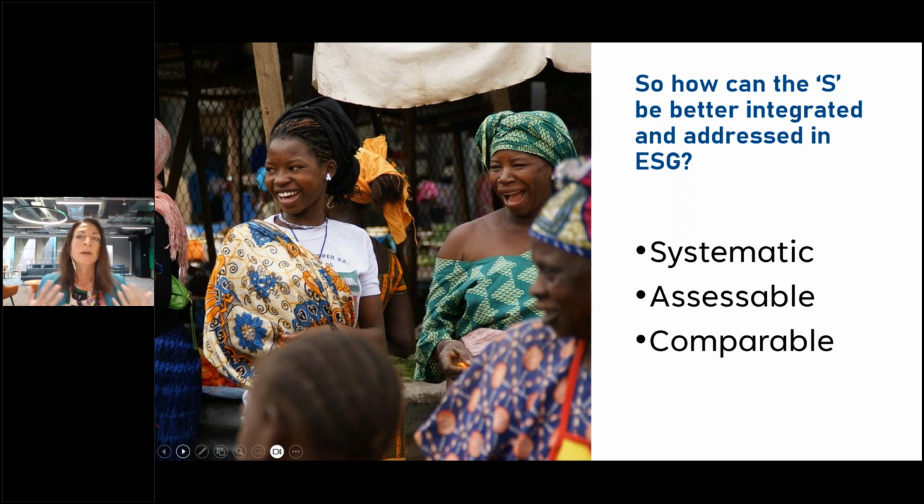So how can this S be better integrated? How can you gain more traction if you are a social practitioner? There are three key principles we need to focus on. The approach to the social needs to be systematic. So we can't be doing this in a piecemeal kind of way, particularly because of those blurry boundaries I mentioned before. We need systematic approaches. We need approaches that are accessible, because many times you are going to be making the argument for the social piece to engineers, to risk managers, to finance managers, to project managers, individuals who are most comfortable, for better or for worse, in a quantitative space.